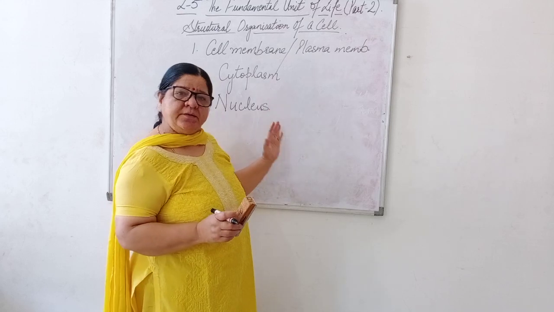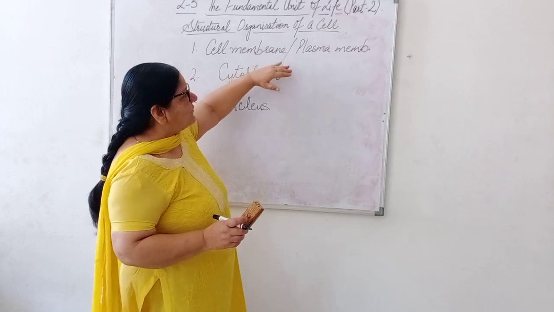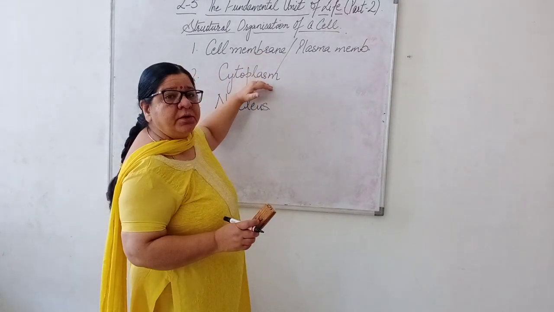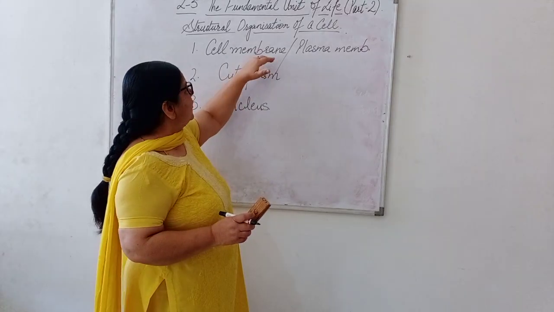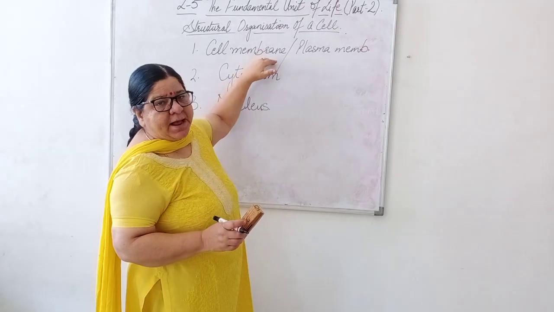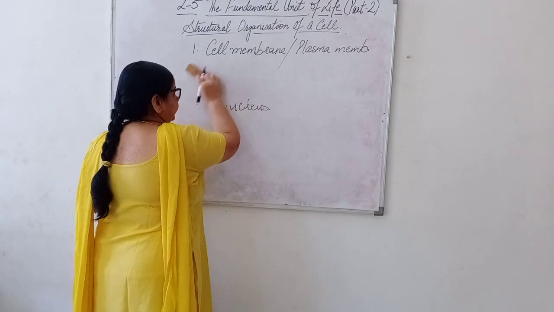But these three things are present in all the cells. So now one by one we are going to study about these three components of the cell. So first of all we will study about the plasma membrane or the cell membrane.